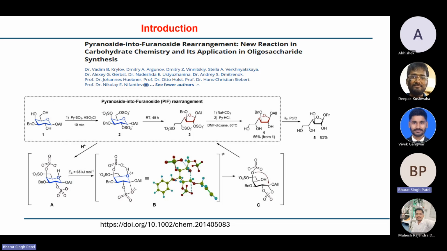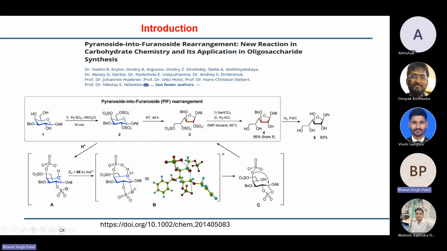So they took sulfur trioxide pyridine and chlorosulfonic acid and did the persulfonation, followed by desulfonation, leading from the pyranoside to the furanoside. This was the way it was going. First the persulfonation was happening, followed by protonation of the endocyclic oxygen, and then the C4 O minus and the C2 sulfate O have an interaction with C1 as well as the endocyclic oxygen.